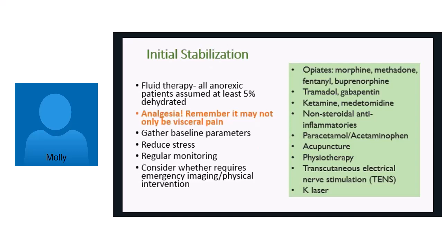All of these animals, all of them, will get analgesia. And remember that during your physical examination, you may have identified other areas of pain, for example, a fracture, or sore hocks, or dental disease, or something else that is external to the viscera of the gut itself. So all types of pain need to be addressed.